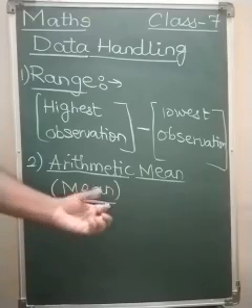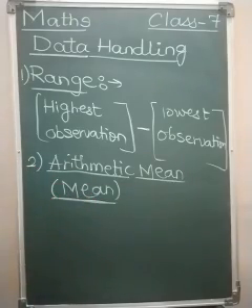Again here a definition is not there, a simple formula is there. What is arithmetic mean or average?